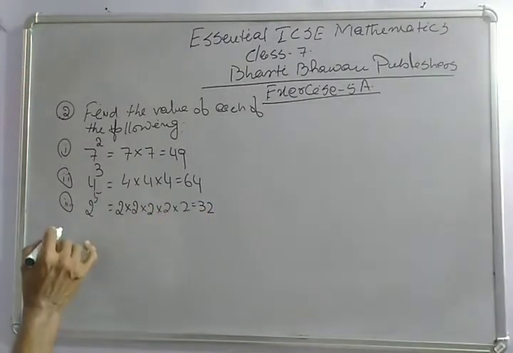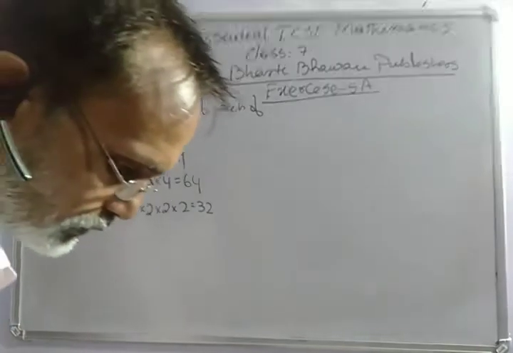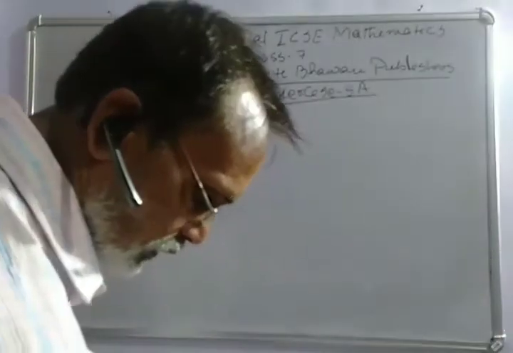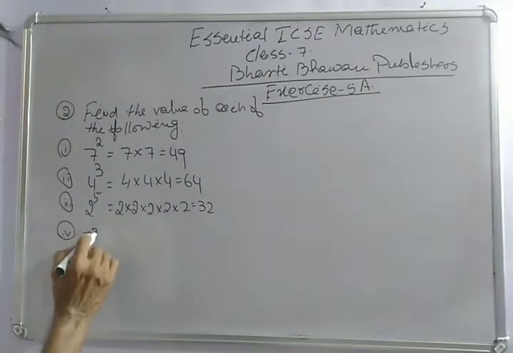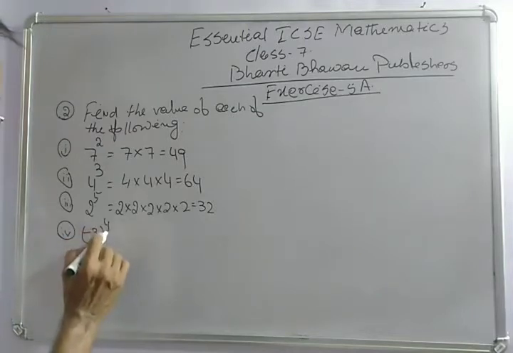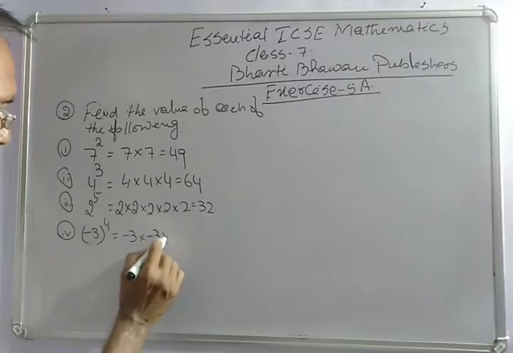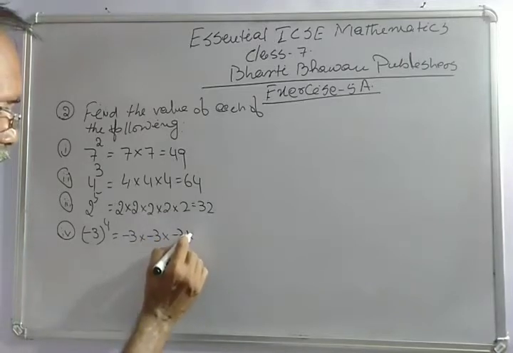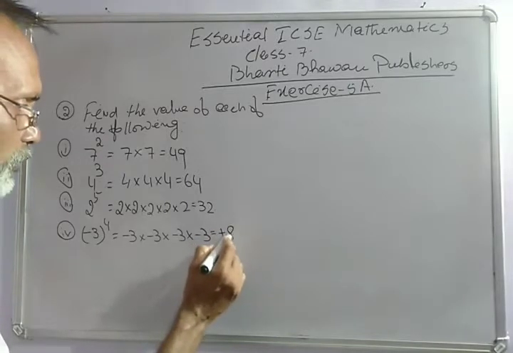Then number 4 is minus 3 to the power 4. This is equal to minus 3 into minus 3 into minus 3 into minus 3. This is equal to plus 81.